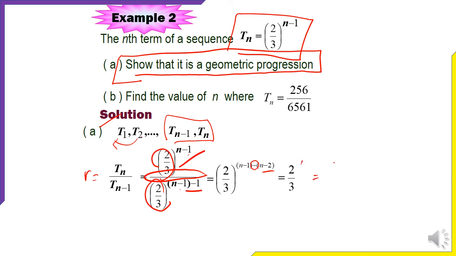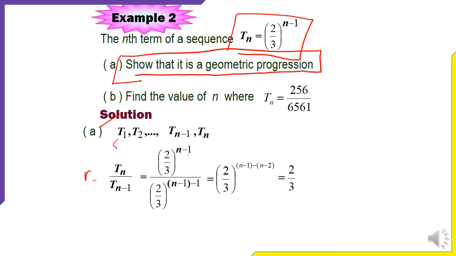So we have a fixed value for the ratio, which is 2 over 3. It will be the same ratio for every term with its previous term. So generally you can do it like this to find r, instead of finding it for every term in the sequence.